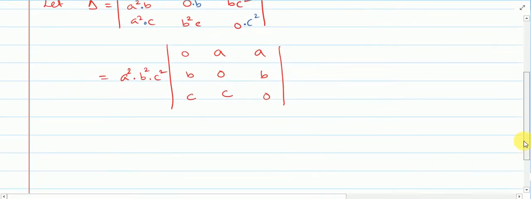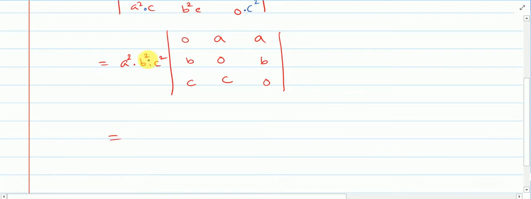Now again you will observe one thing over here, that in the first row we have a common because 0 into a we can write. In second b is common because we can write 0 into b. In third c is common because we can write 0 into c.